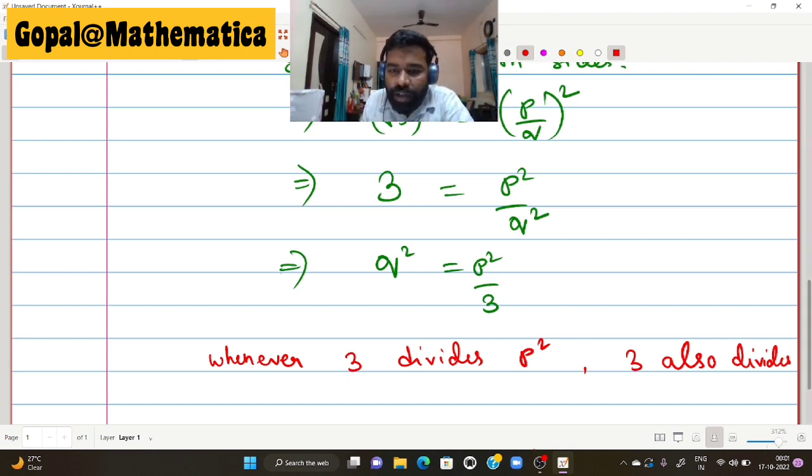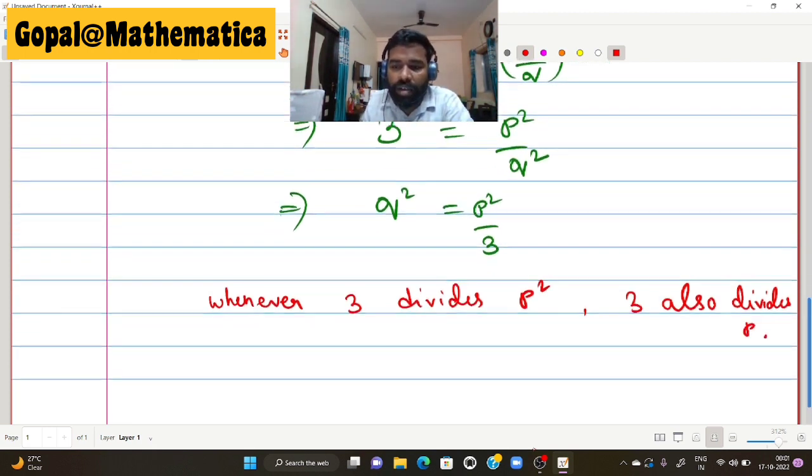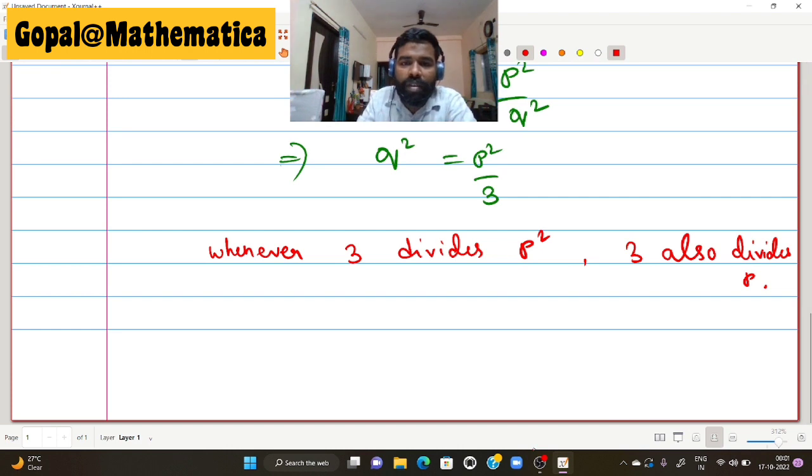Okay, this is a statement and it's true always. If you want to see, I'll give a small example. If we say that 3 divides, let us take 6 square. I'm taking this as p square.